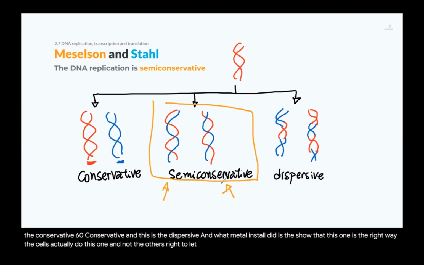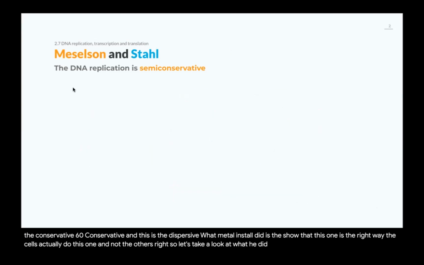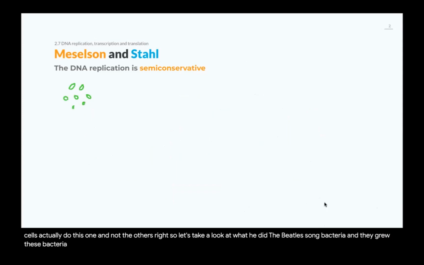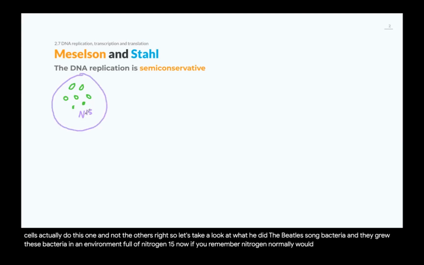Let's take a look at what they did. First, they took some bacteria and grew them in an environment full of nitrogen 15. If you remember, nitrogen normally has atomic mass 14.